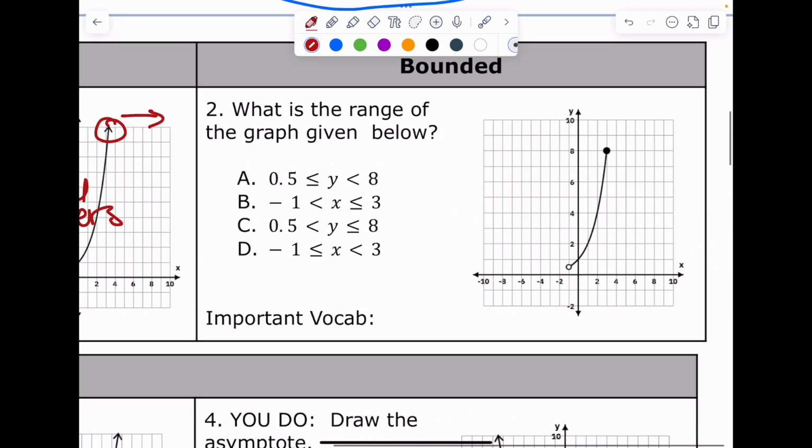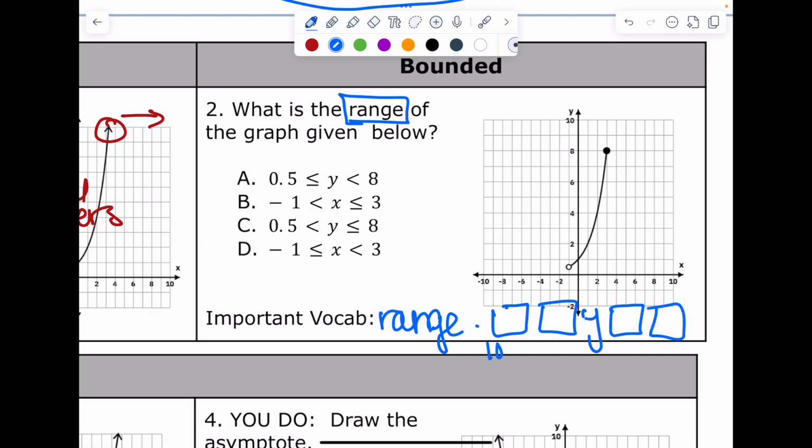Now, when I look at number 2, it says, what is the range of the graph given below? I know my important word is range. Range is y values. Box, box, y, box, box. Low to high. Now, when I know it's y, I need to eliminate some answers real quick. A has y, so that's good. B has x, so that's bad.